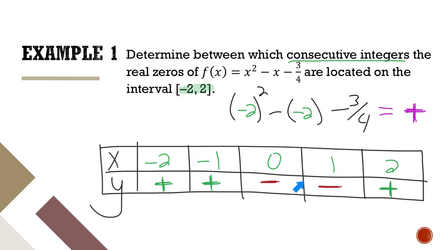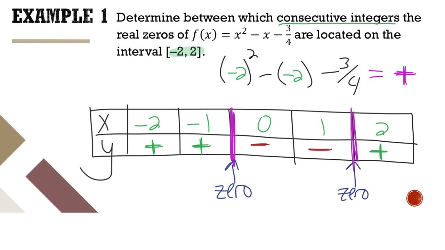So I am specifically looking at the sign changes, not the values. So I just care about is it a positive number or is it a negative number. Now, what does that mean? Well, notice how it goes from positive to negative here and goes from negative to positive here. So by this location principle, there has to be a 0 somewhere in between both of those places.